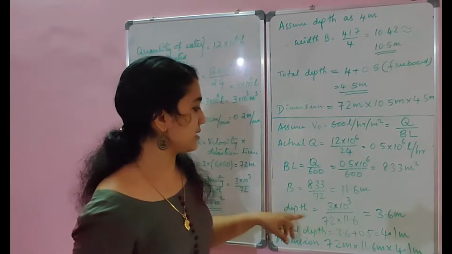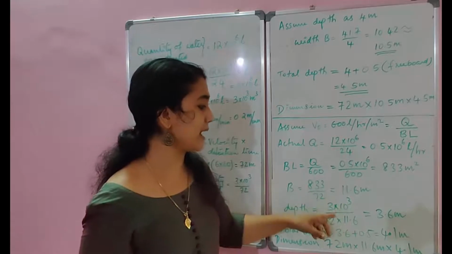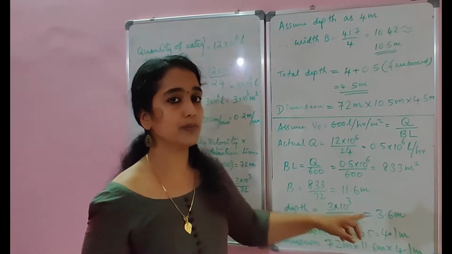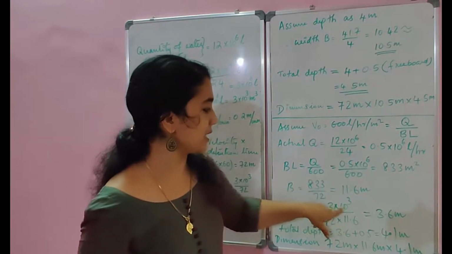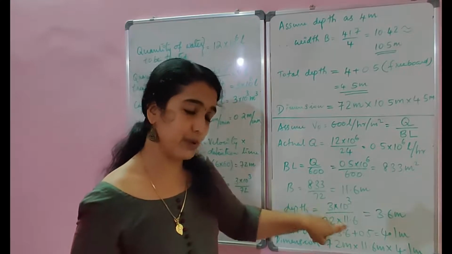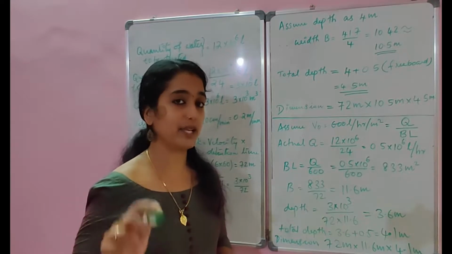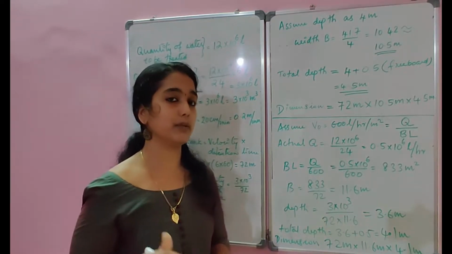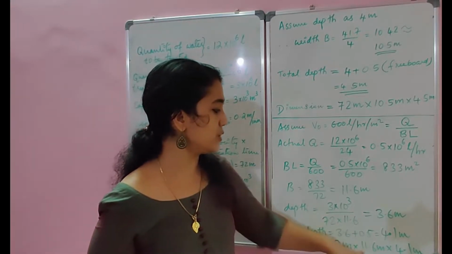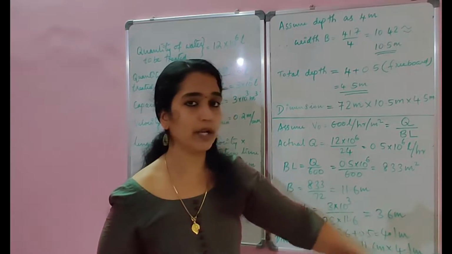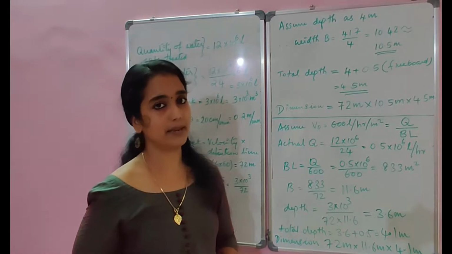Then the depth: the capacity divided by length into breadth, that is 3 into 10 raised to 3 divided by 72 into 11.6, which is 3.6 meter. By giving a freeboard of 0.5 meter, the total depth will be 4.1 meter. Then the dimension will be 72 meter into 11.5 meter into 4.1 meter. In this method also, we can design the plain sedimentation tank.